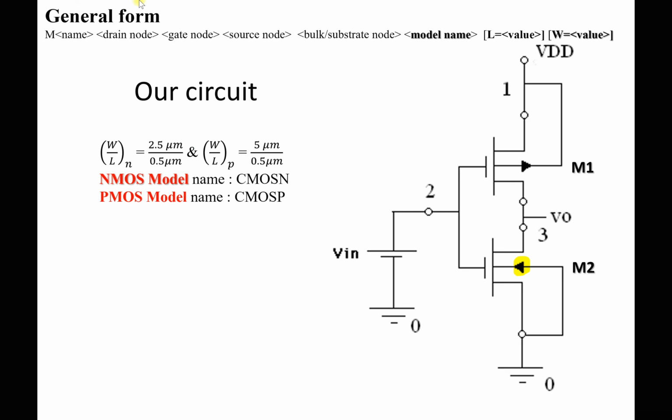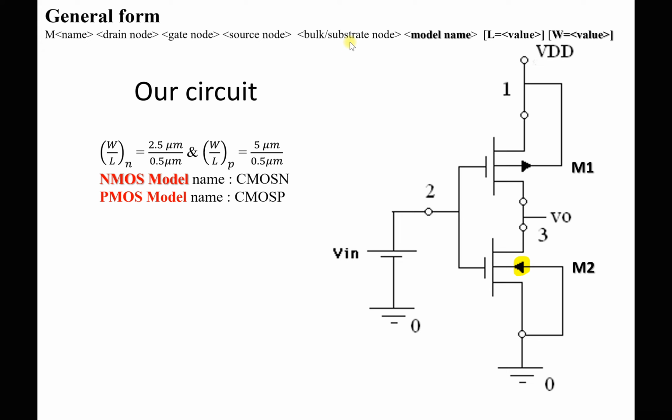For the transistors, we said that the general form of writing the transistor code will be M with the name of the transistor. We said that we will name them M1, M2, M3, and so on. Then we will write the number of the drain node, then the gate node, then the source node, and finally the bulk or substrate node.